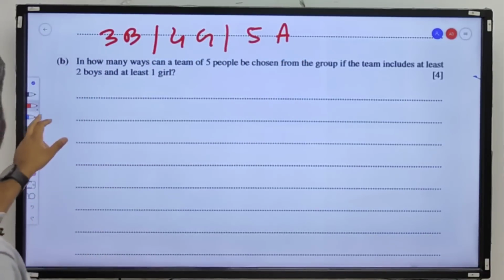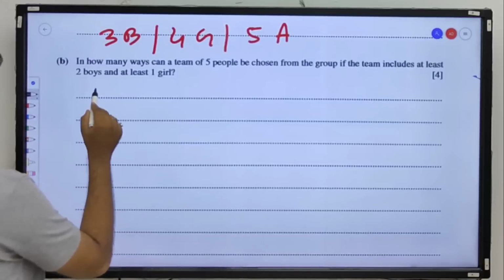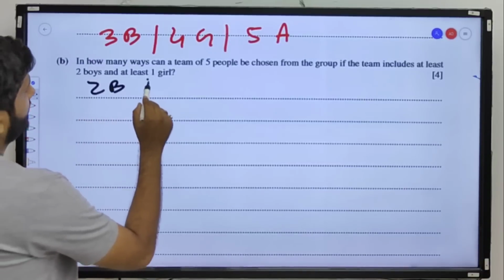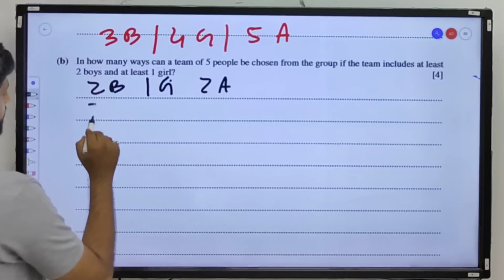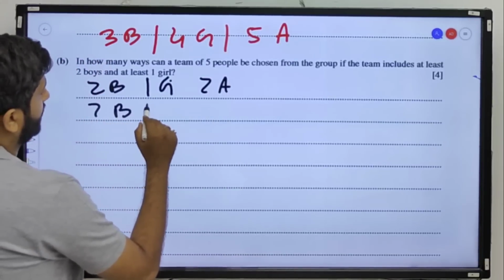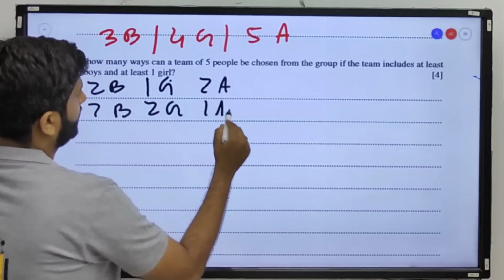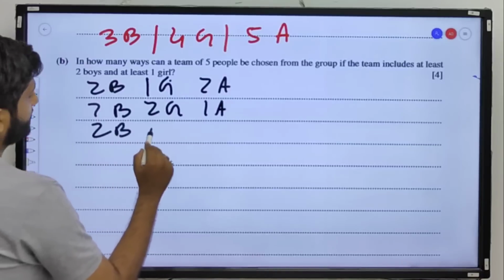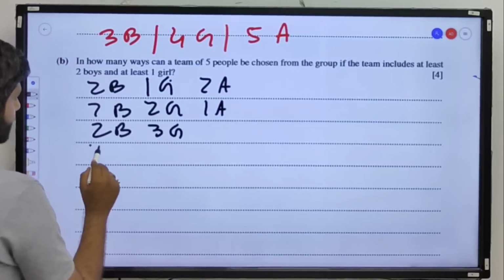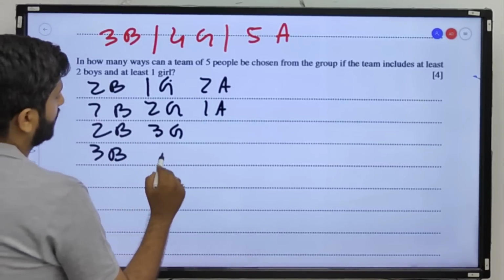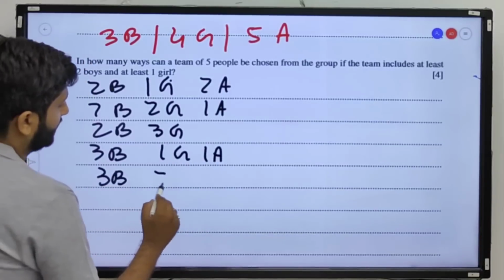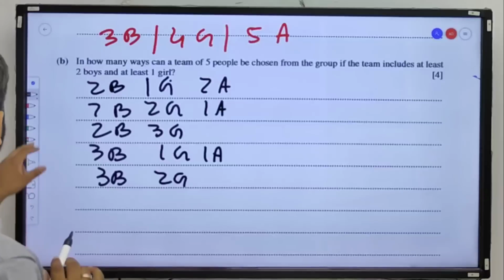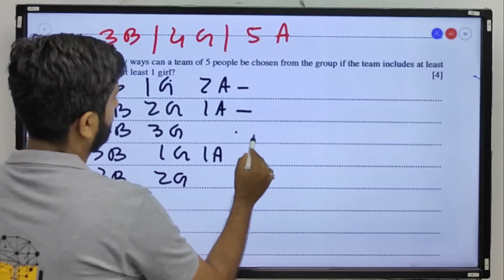I need at least 2 boys, so let me write down the possibilities. 2 boys, 1 girl, 2 adults. 2 boys, 2 girls and 1 adult. 2 boys and 3 girls. 3 boys, 1 girl, 1 adult. 3 boys and 2 girls. I think these are the total possibilities.